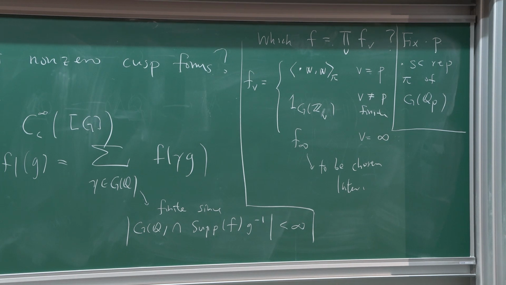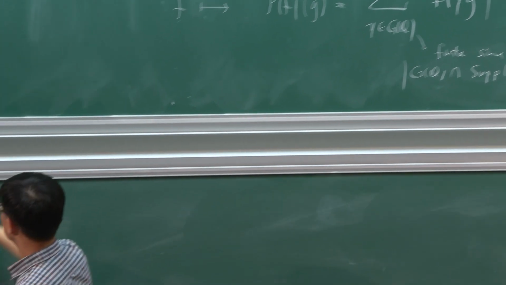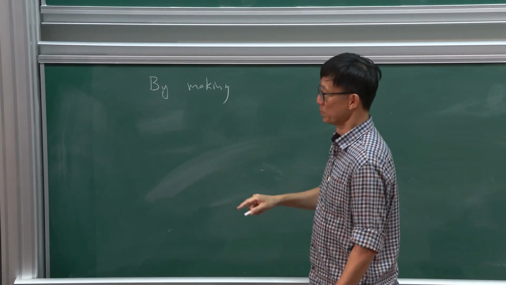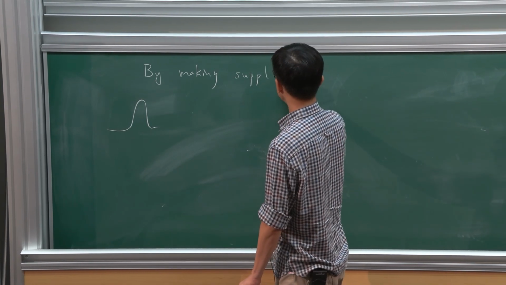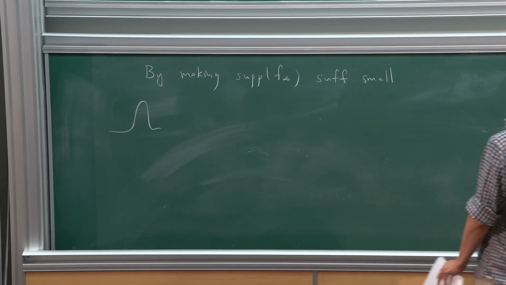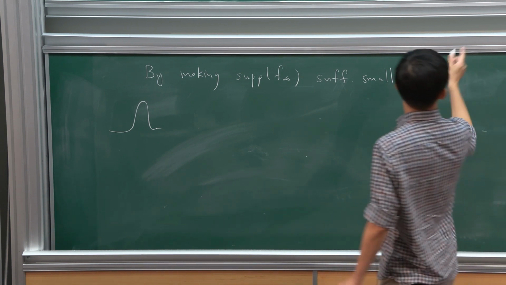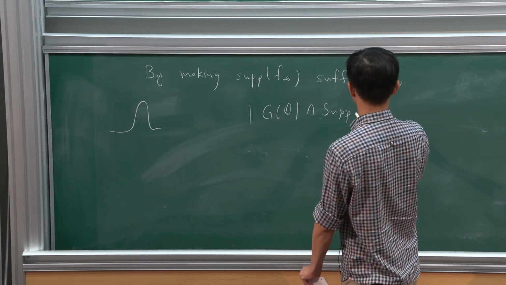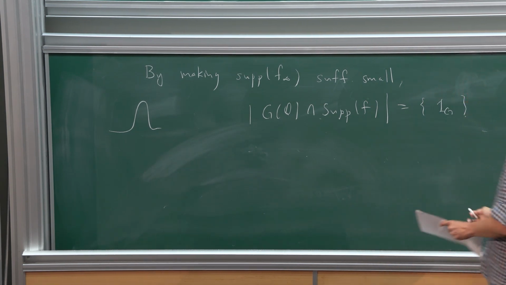All right, so then the point is that you're going to choose f infinity to be a bump function. By making the support of f infinity sufficiently small, you can make the intersection of G(Q) with the support of F be just the identity element of the group.